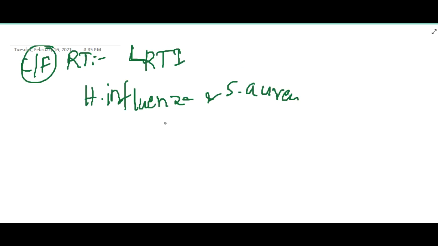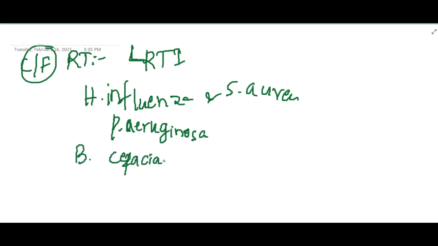Pseudomonas aeruginosa also colonizes the respiratory tract, and Burkholderia cepacia is a pathognomonic organism in cystic fibrosis. Other conditions like bronchiectasis, atelectasis, and even nasal polyps are seen.